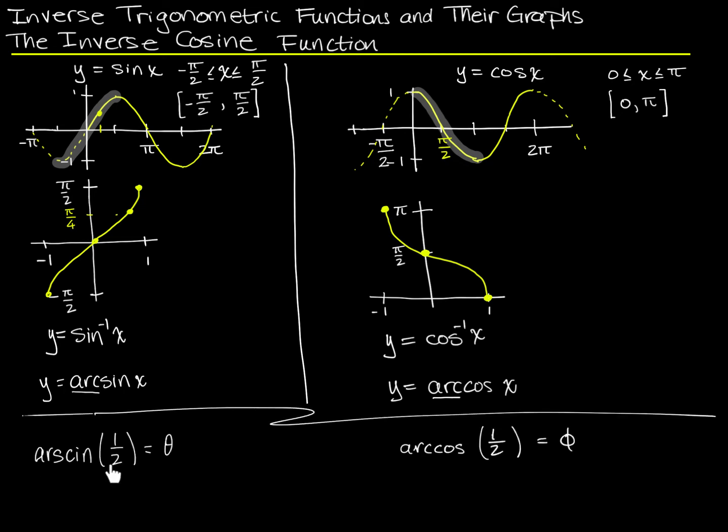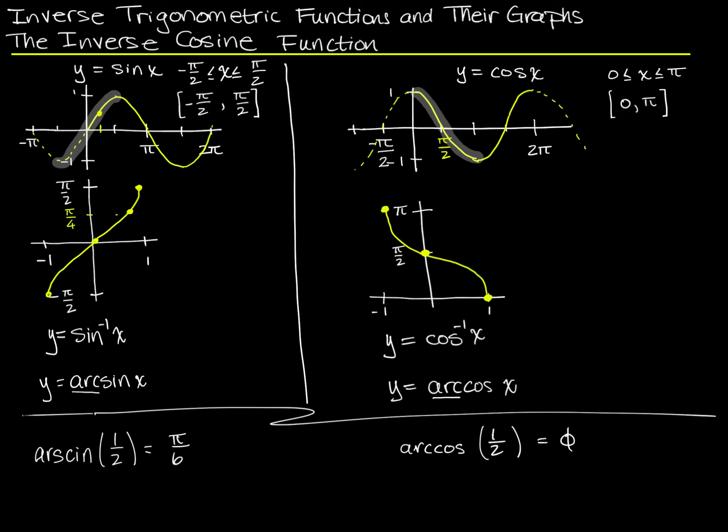What this one said was, what is the angle? The question is, what is that angle whose sine is 1/2? What is the angle that has a sine of 1/2? And the answer is pi over 6. So that means I can replace this theta with pi over 6. The sine of pi over 6 is 1/2. So the arcsine of 1/2 is pi over 6.